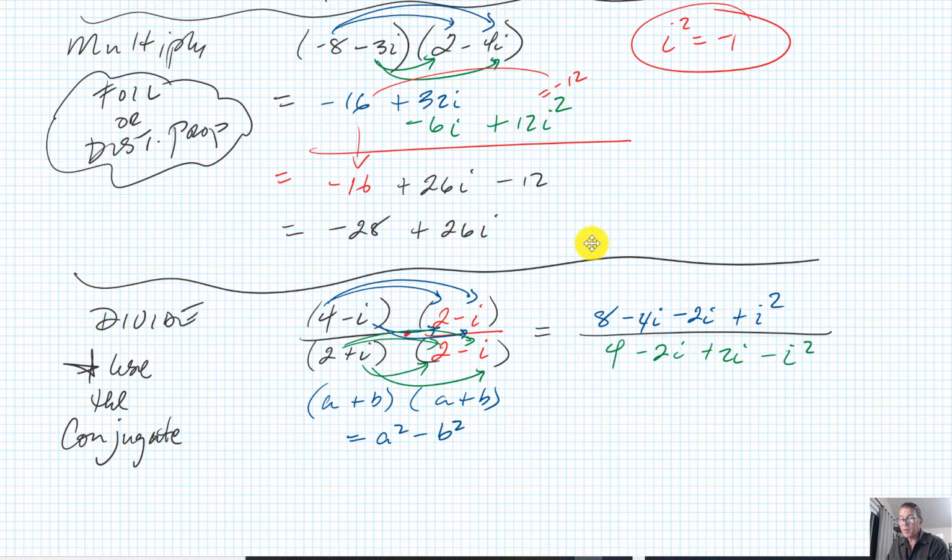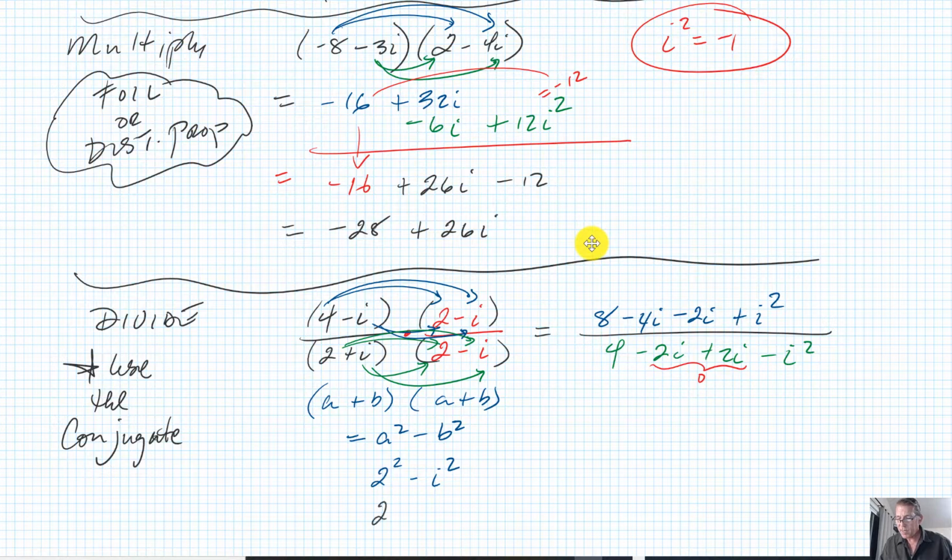It's called difference of squares. So if you went 2 squared minus i squared, you can get the same result as I did right here, because the middle terms cancel out. These right here cancel out.